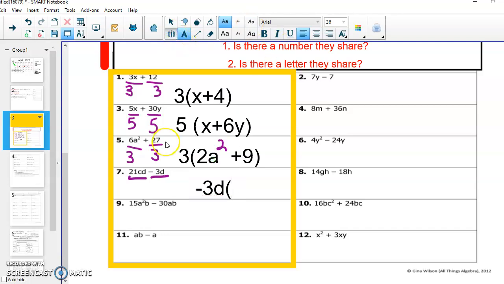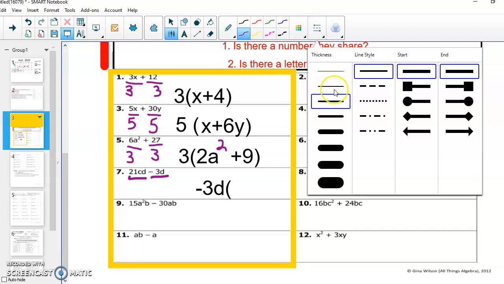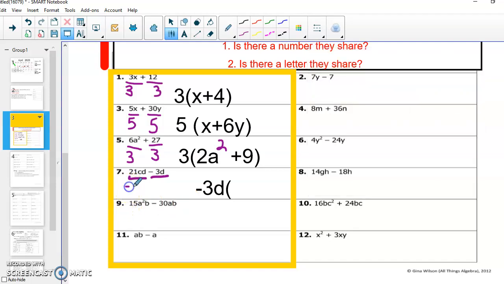Taking it out of my terms means I need to divide by that common factor, -3D, in both terms. So I'm going to divide by -3D, excuse my sloppy handwriting, in my first term and my second term.